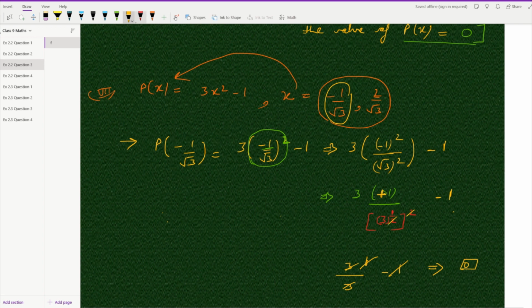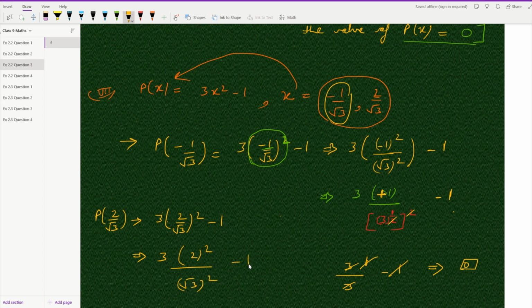Let us go for the second value, that is p(2/√3). Just replace this value: 3 × (2/√3)² − 1. Similarly to the first case, it will be 2² upon (√3)² minus 1.